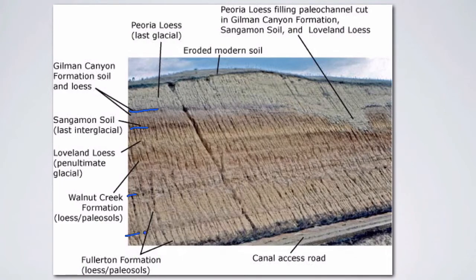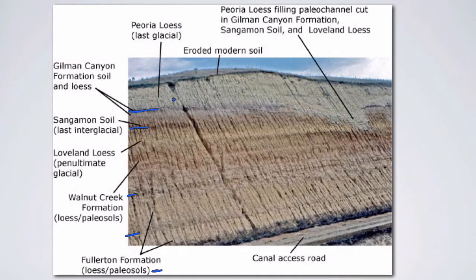And these dark bands, for example, represent times when there was not a lot of loess deposition and you had development of soil, but then that soil subsequently was buried by other loess sediments. And so these old soils are referred to as paleosols.